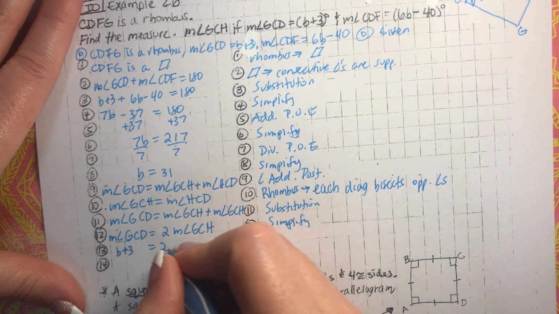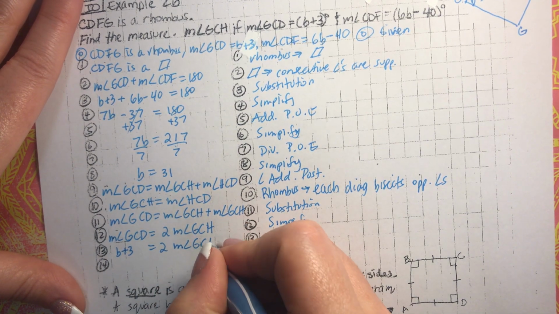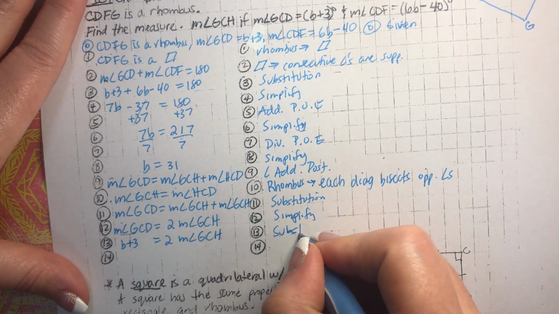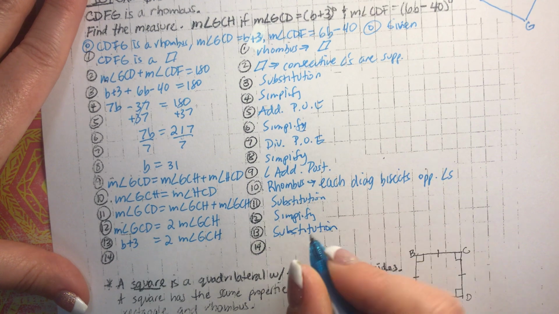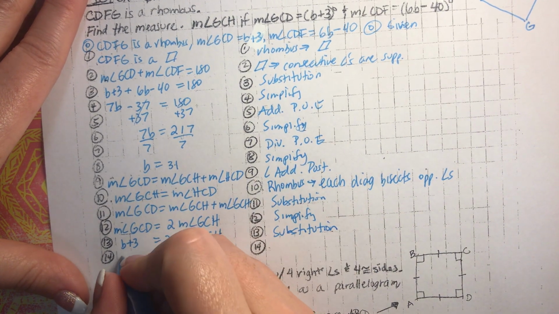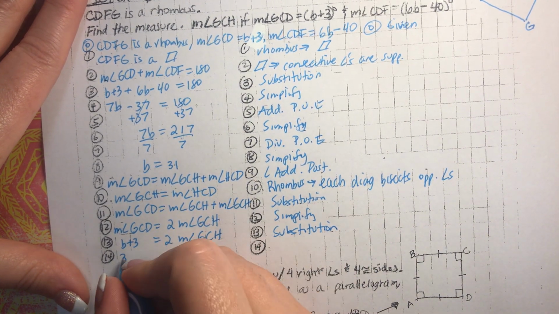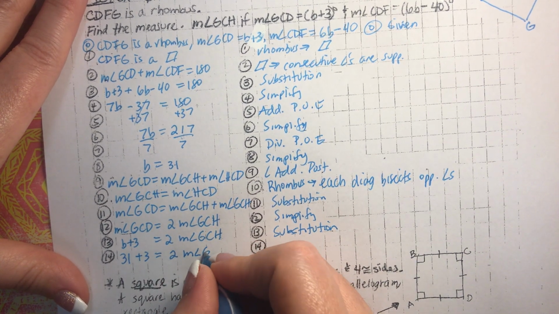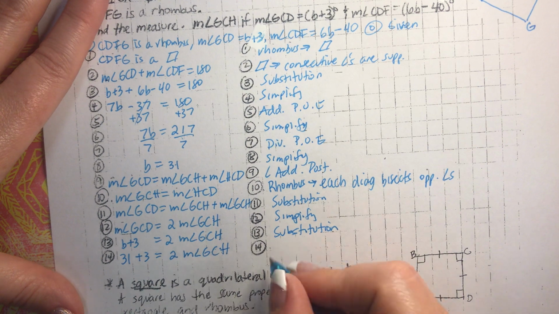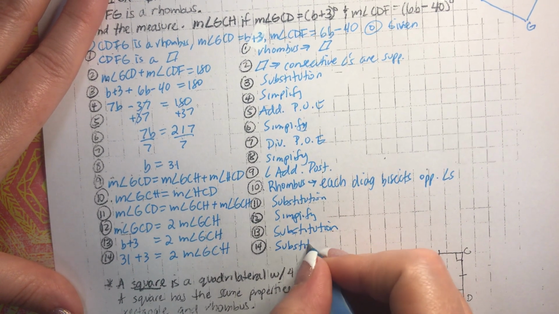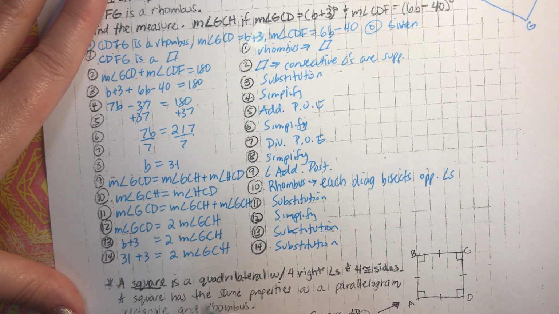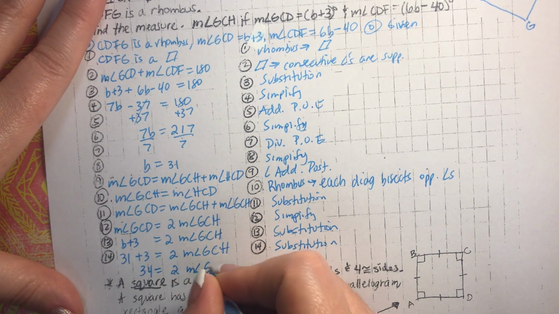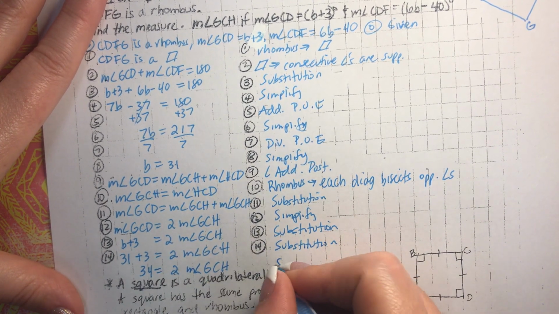B plus 3 equals 2 times the measure of angle GCH. That's substitution. Then we can substitute 31 in for B, so 31 plus 3. 31 plus 3 is 34. That's just simplify.